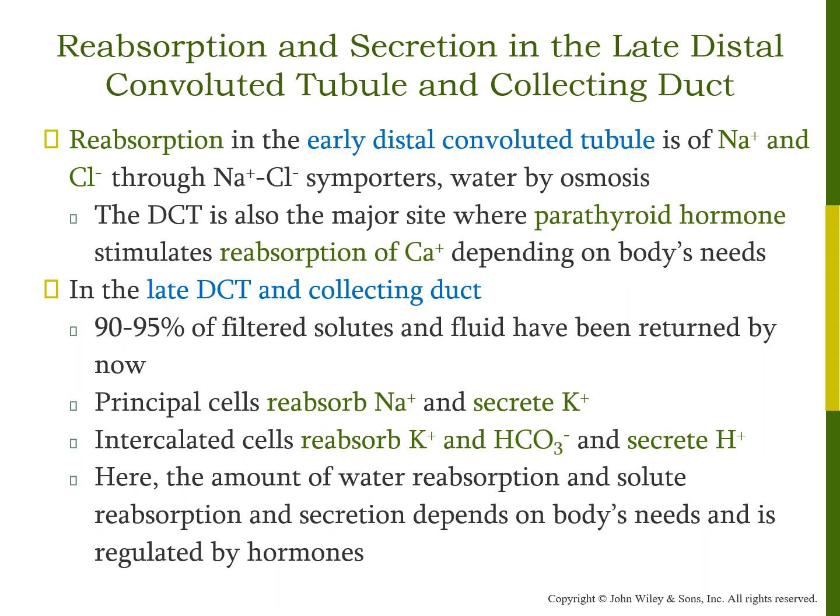Under the influence of aldosterone, the principal cells reabsorb more sodium and secrete potassium. This secretion of potassium is the main source of potassium excretion in the urine, as in other parts of the tubule, potassium is mainly reabsorbed.